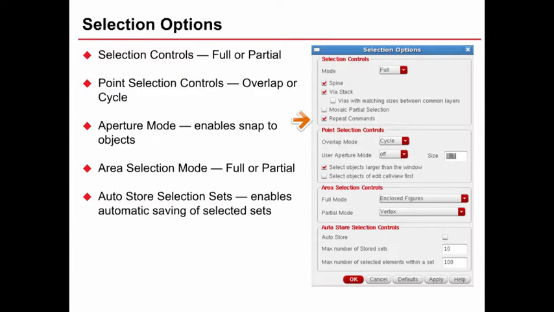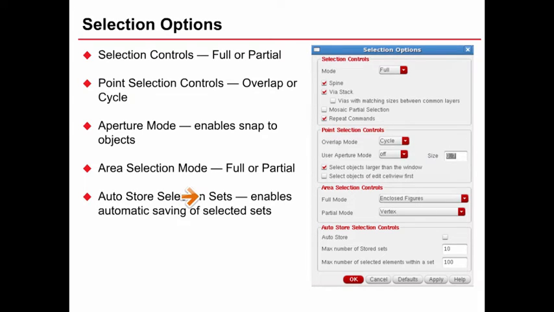So point selection controls, overlap or cycle. So here's the overlap mode. Do you want it in cycle or overlap? And if you're in aperture mode, it enables snap to objects. So if you're in aperture mode, it's like a gravity mode, and then here's how large the aperture.